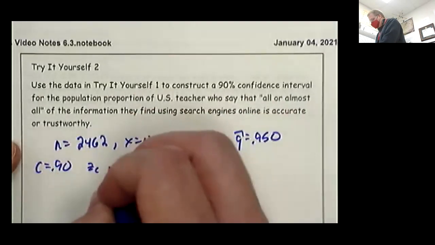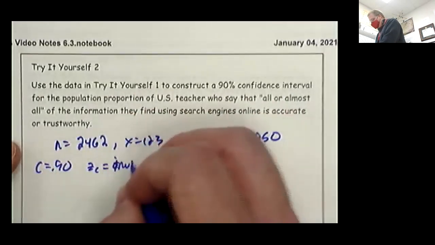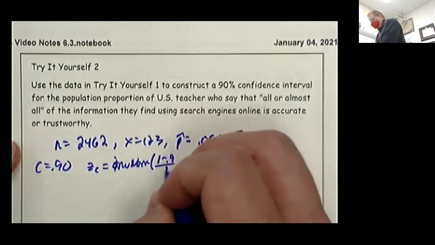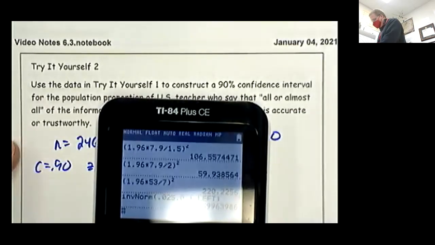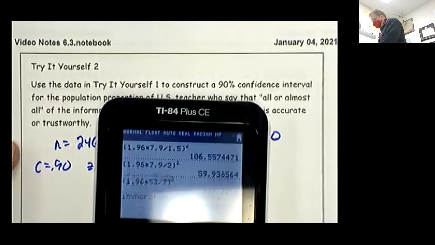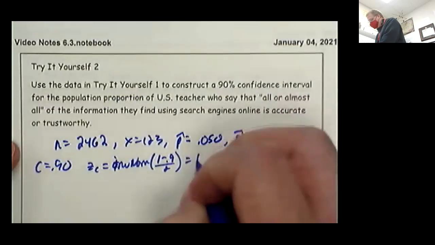We need to find our Zc score. And that's going to be inverse norm. Here we have 1 minus 0.9 over 2. That's going to be 0.05. So second distribution, inverse norm. And now we want 0.05, left, and paste. And that's our plus or minus 1.645.